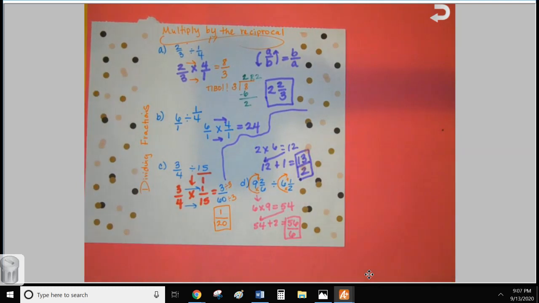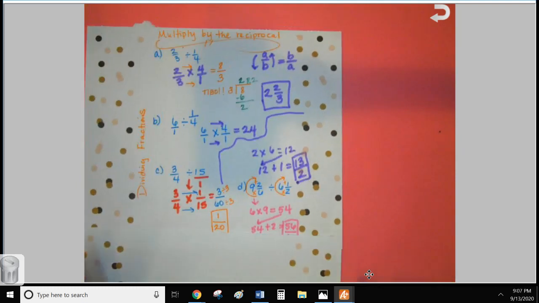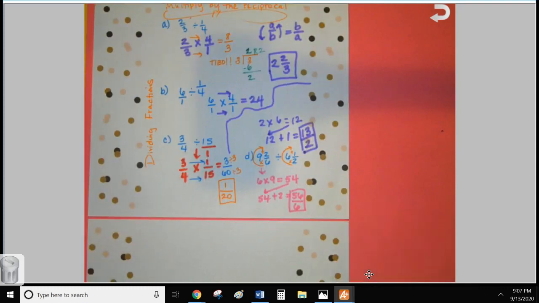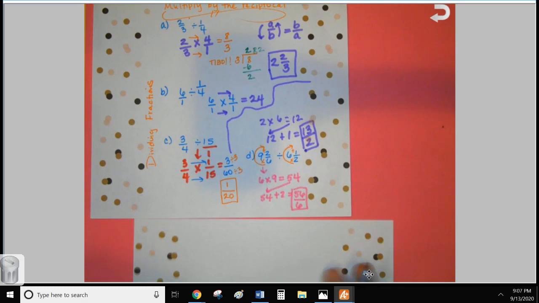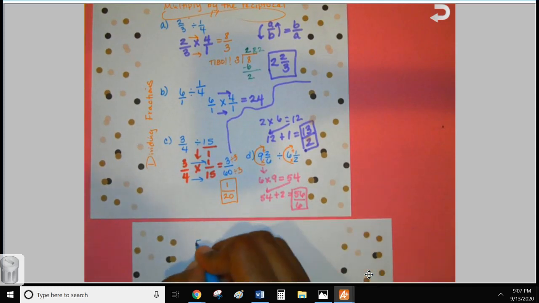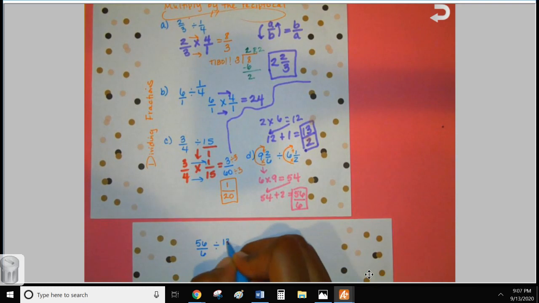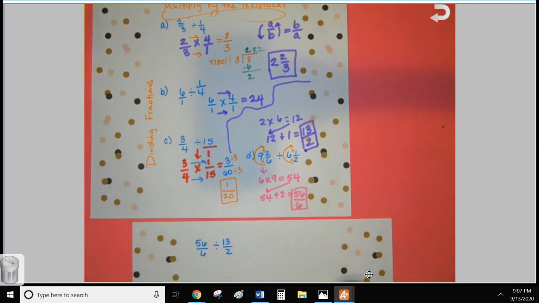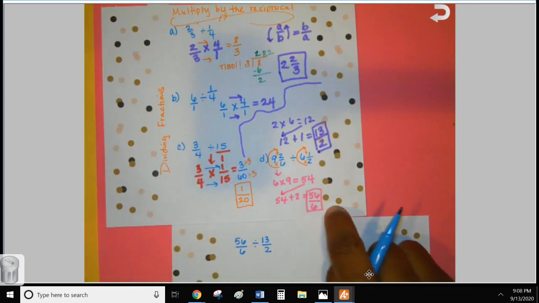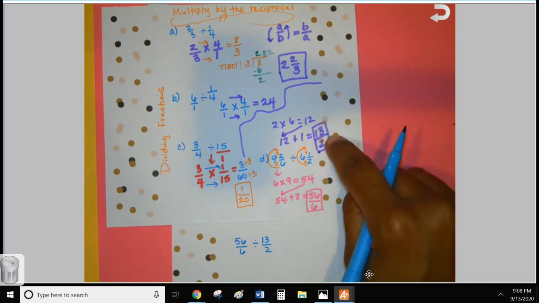Okay? So these are our two new fractions. So what is my problem looking like now? So now my problem would actually say 56/6 divided by 13 halves. Okay? So this is first and this is second.